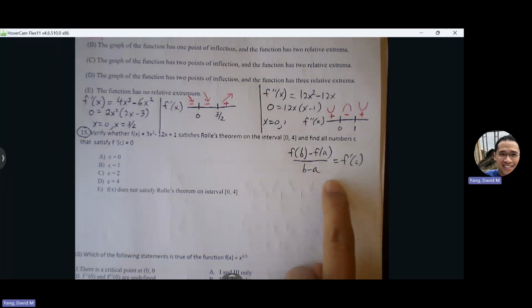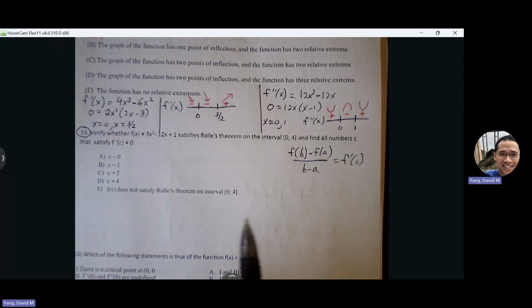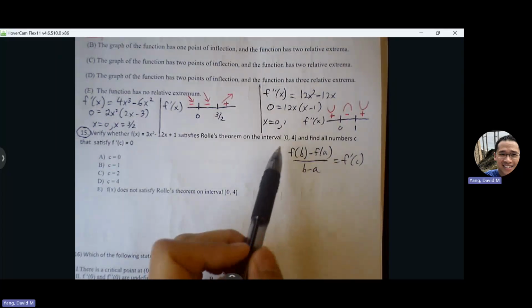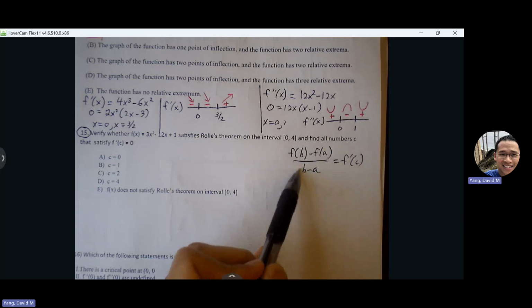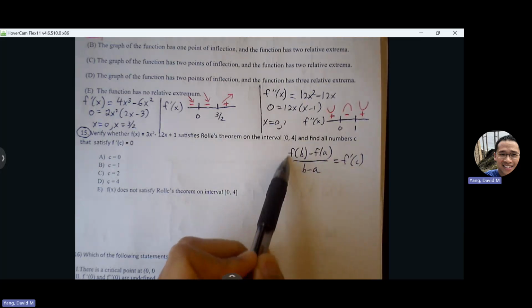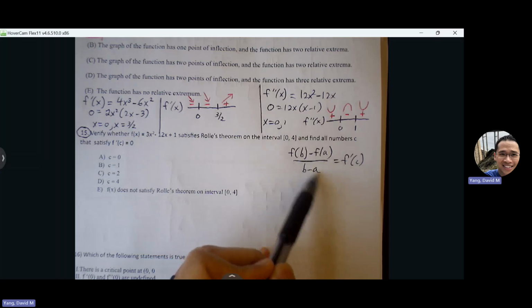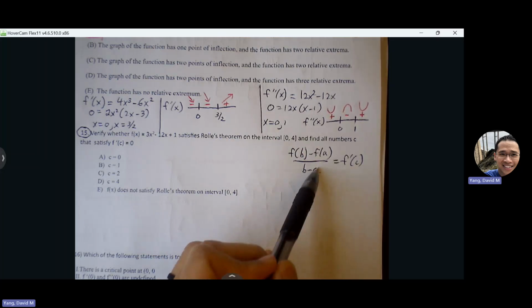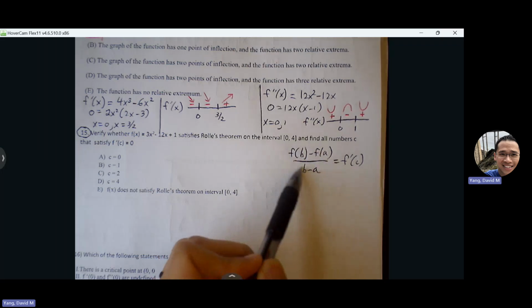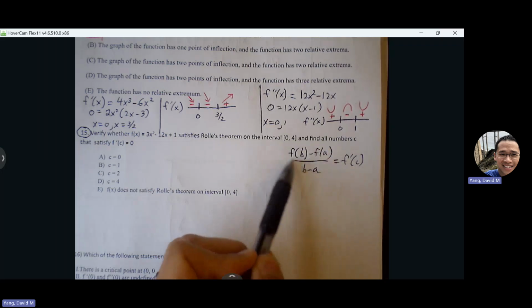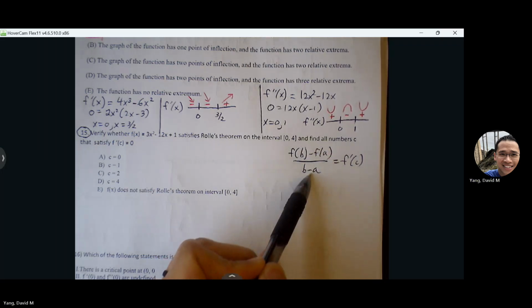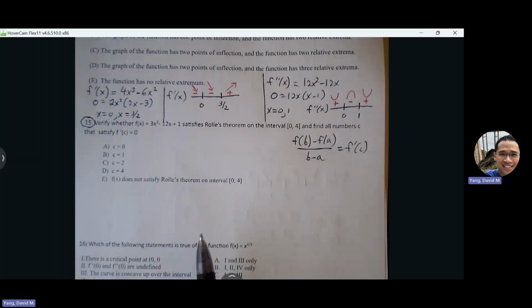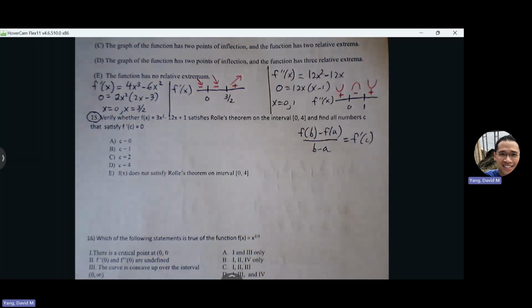So mean value theorem and Rolle's uses the same formula, but there's a restriction with Rolle's theorem, and it's the fact that this slope between the endpoints has to turn out to be what? Zero. Yeah. So once you can confirm that, you basically are looking for a critical point. Once you get that to be zero, you're just setting f prime equal to zero. But mean value theorem, this can be zero, but it could also be any other rational number. All right, so try that. See if you can work through your process for Rolle's theorem.